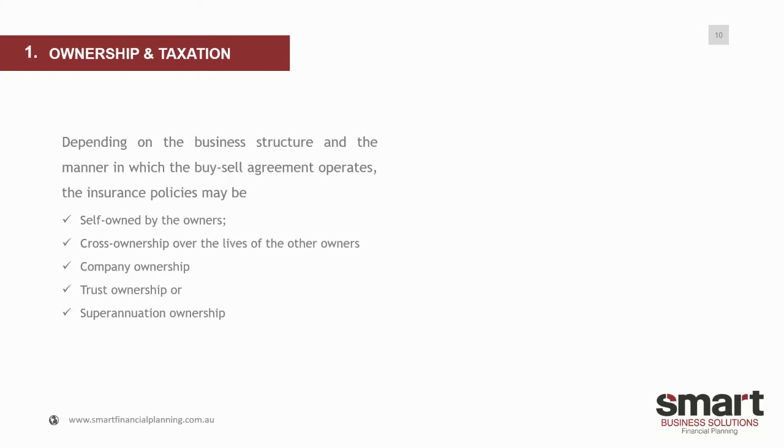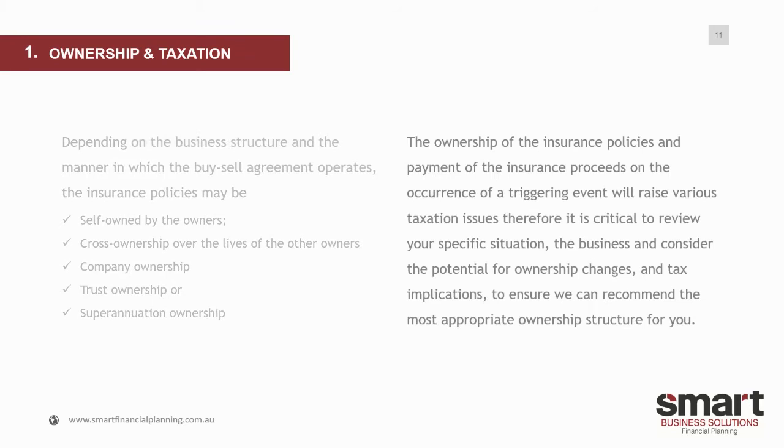Depending on the structure, the different options available are: self-owned by each of the owners, cross-ownership over the lives of the other owners, company ownership, trust ownership, and superannuation ownership. The difference in those ownerships is that once we have a triggering event, there'll be different tax issues.